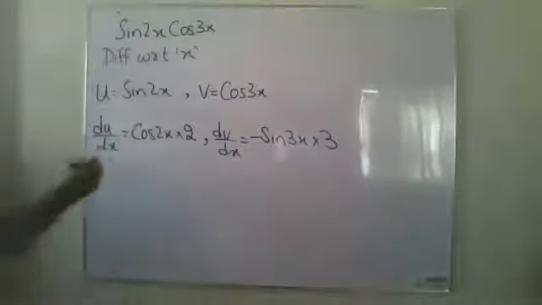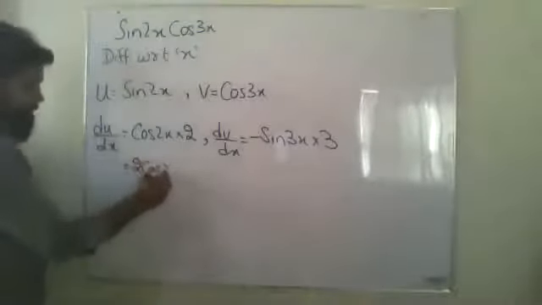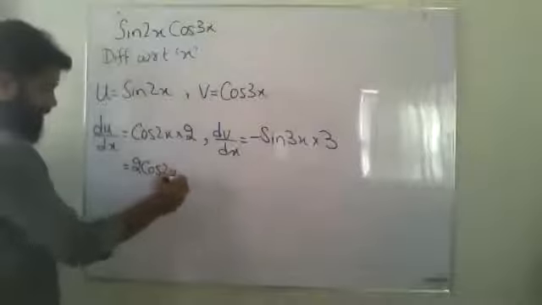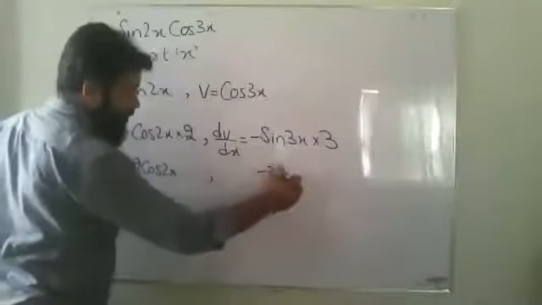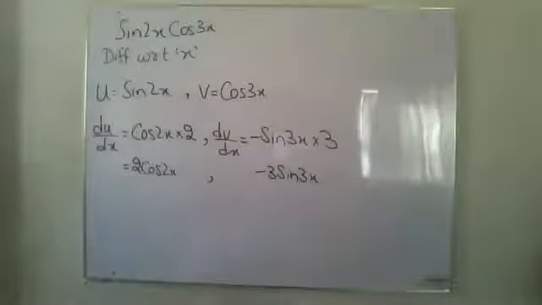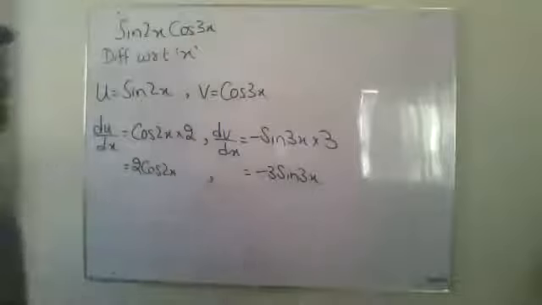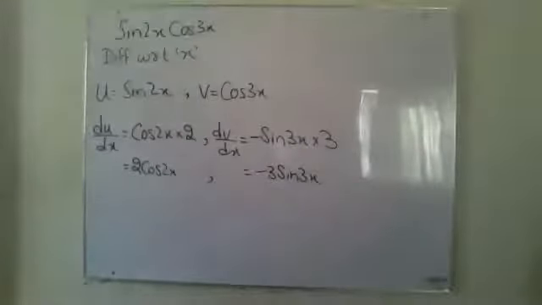Okay, writing them in the simplified form, 2 cos 2x and minus 3 sine 3x. These are the rules, these are the ways in which we are going to use product law, differentiation. Both of them are there. U and V are also there.